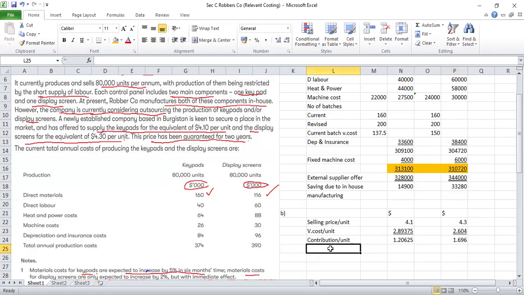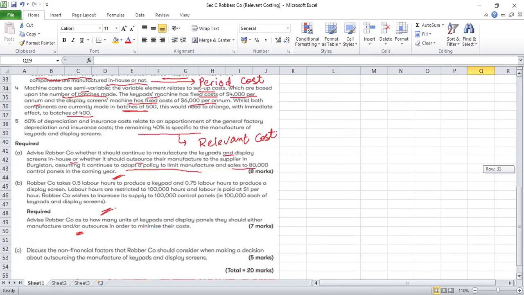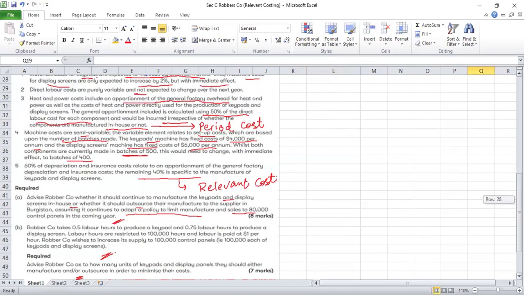Now we have contribution per hour, and we need 0.5 labor hours for the keypad and 0.75 for the display.